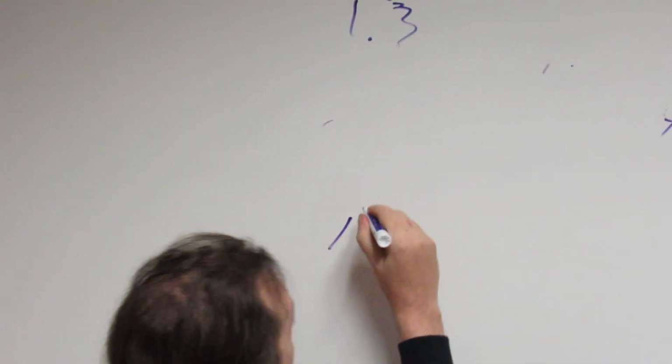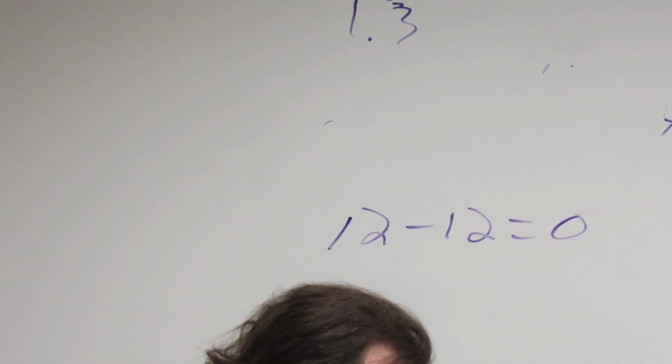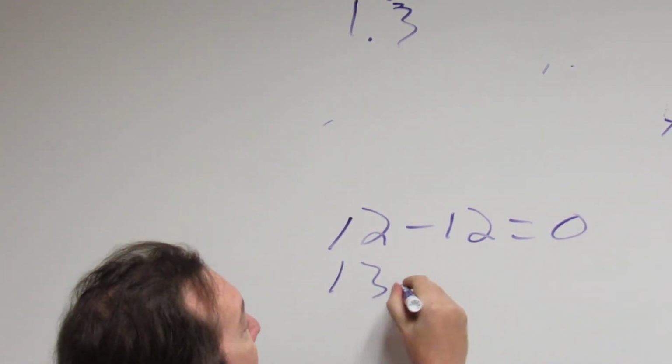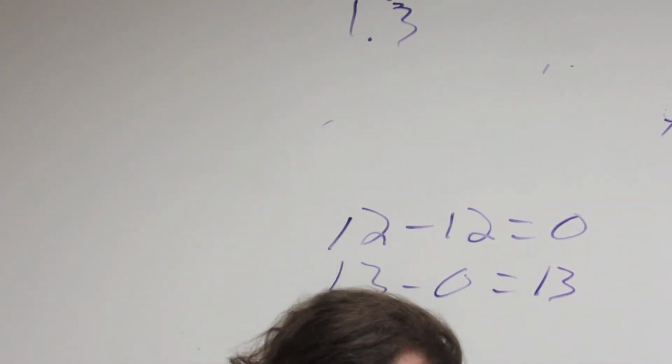And then we have the subtraction property of 0. So 12 minus 12 equals 0. Or if we say 13 minus 0, it equals 13.